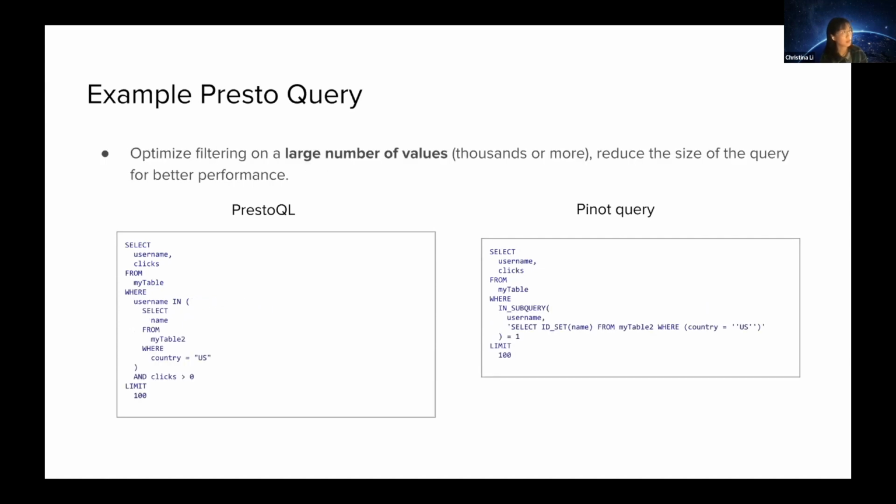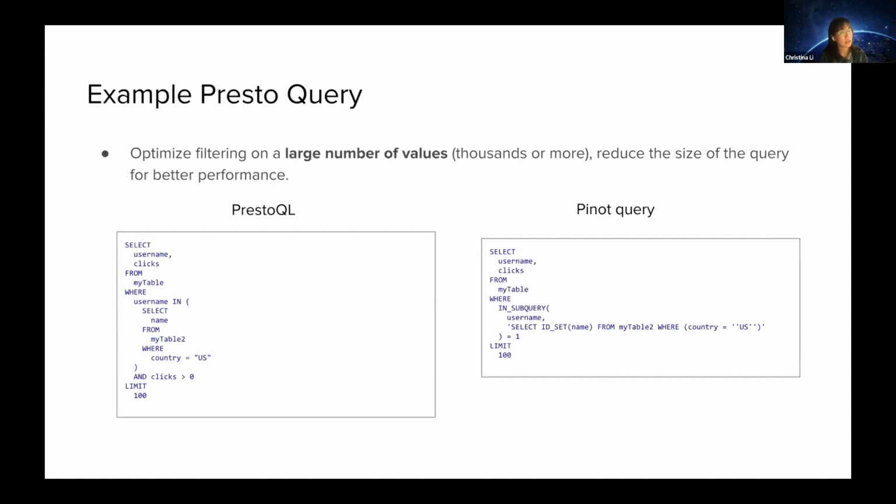Please take a look at the query on the left side, which serves the same purpose. Instead of passing the names to the query one by one, we use a subquery to generate the name list as the output. So here we push down the in subquery syntax and we translate the query to the Pinot query on the right side using the Pinot ID set function.